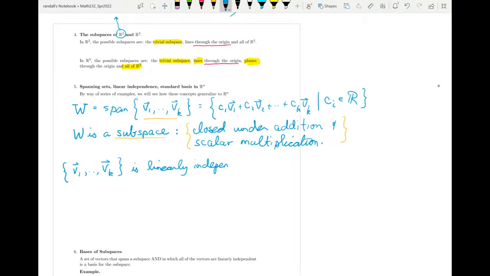We look at a certain set that is linearly independent if and only if C1 times V1, so look at a particular linear combination, equals the zero vector only if all the Ci's are zero.